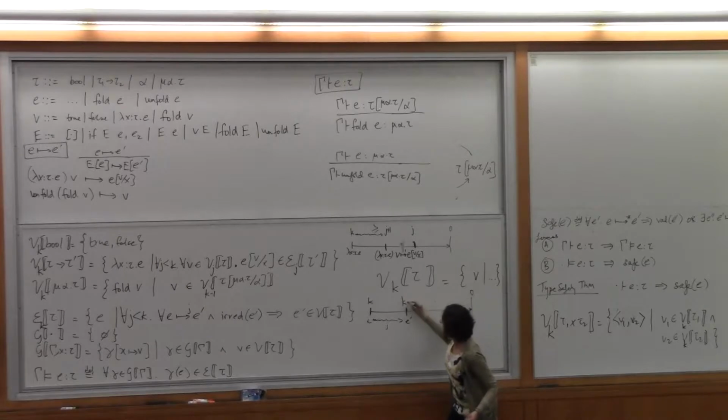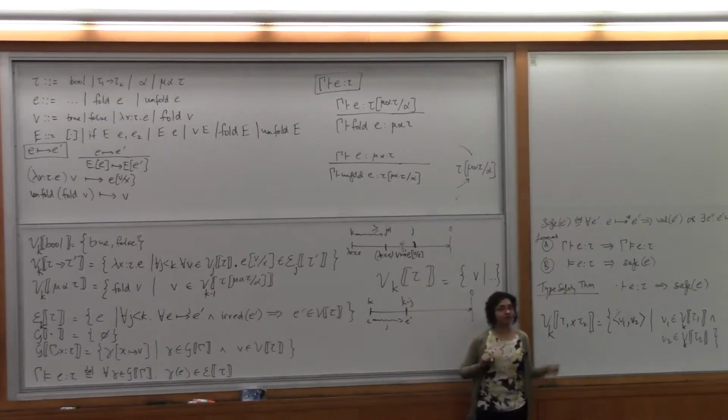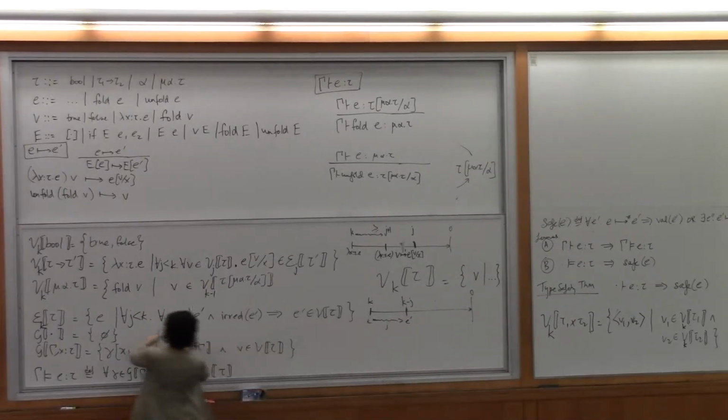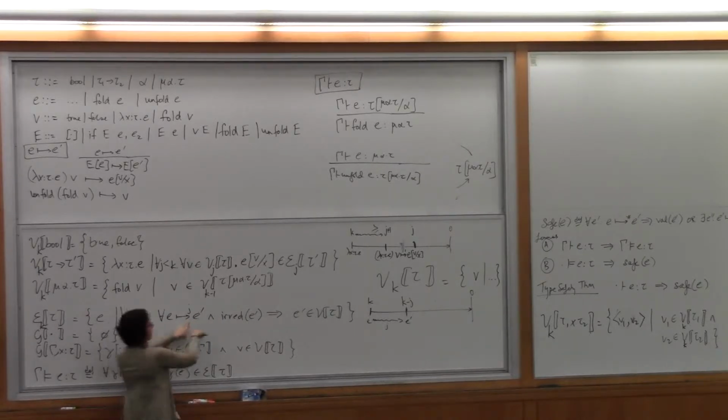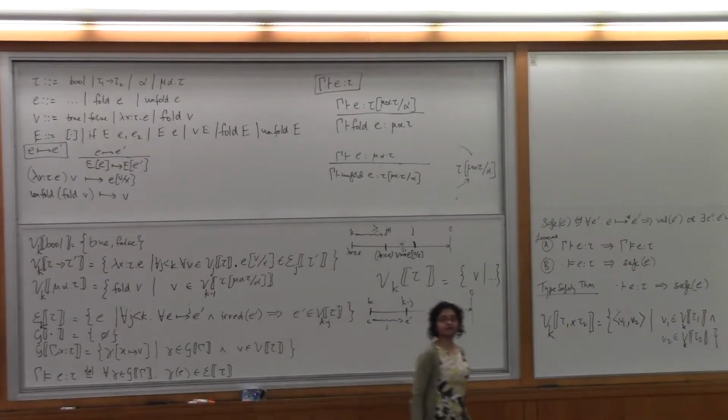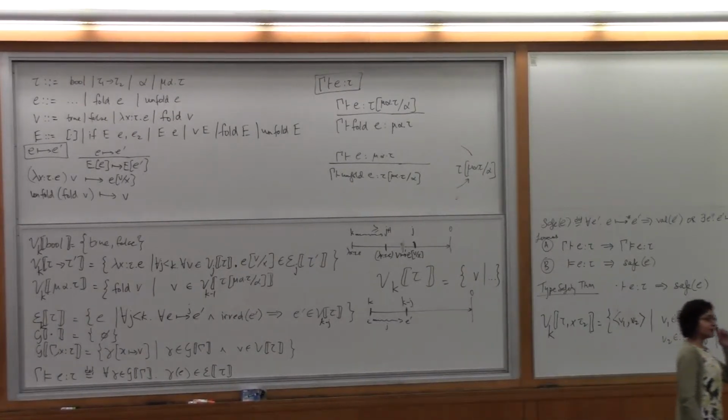So I've eaten up j steps, so right now I have k minus j left. So what I've said is, run this down, and if you get to something irreducible in less than my budget, then that E prime better look like it's a value of type tau for the remaining number of steps, which is k minus j. Questions?